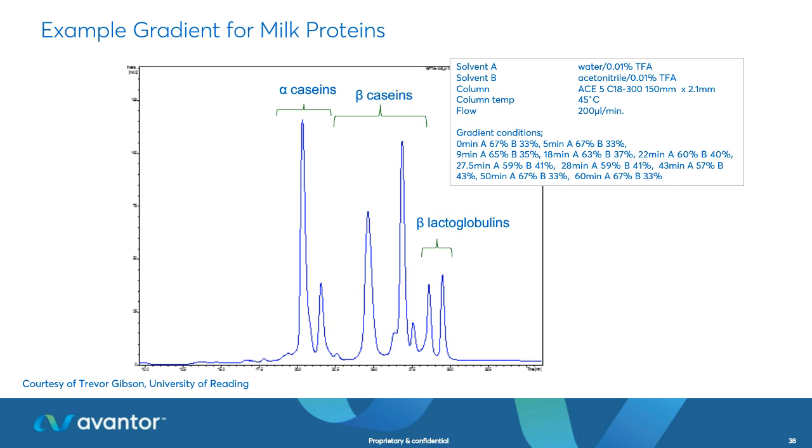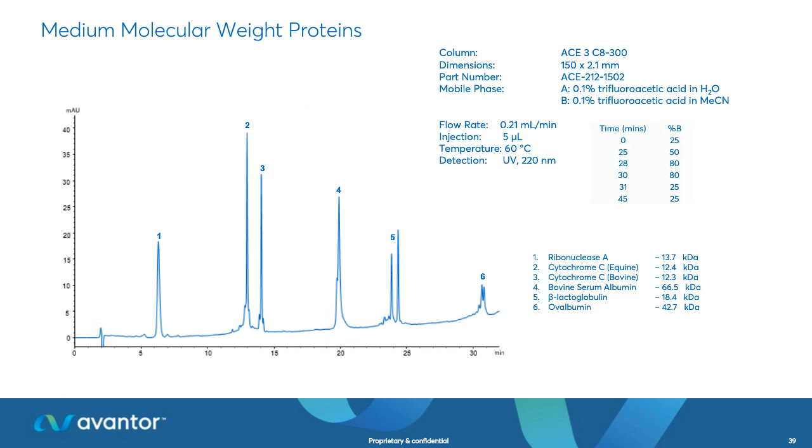Medium molecular weight proteins, again, you can start to see some separation of the hydrophobic variants here even. Maybe they're different glycosylations because that changes the hydrophobicity. Maybe the sample started to degrade a bit. Reverse phase is really powerful at pulling out these things, something you're not going to get from size exclusion, for example.